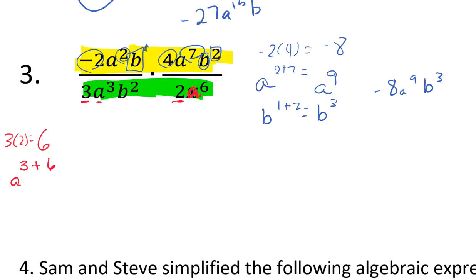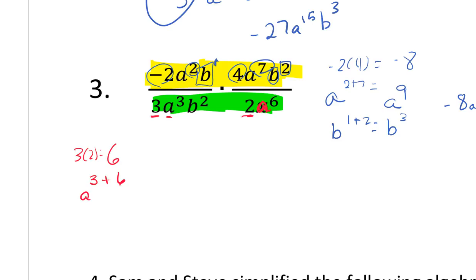So we get a to the 9th. And then we're going to take the b's on the bottom. And we're going to have b to the 2nd plus nothing over there. So you get b squared. So then on the bottom, we're going to get 6, a to the 9th, b squared.